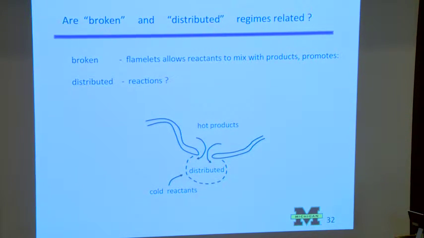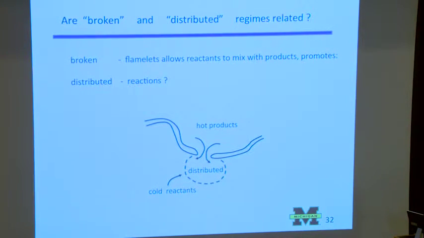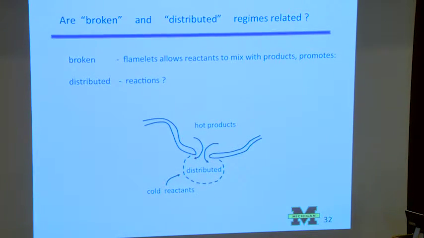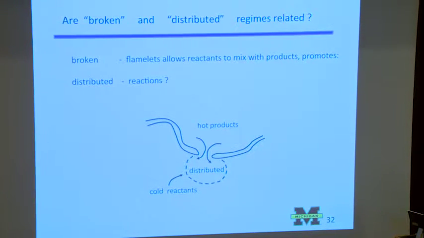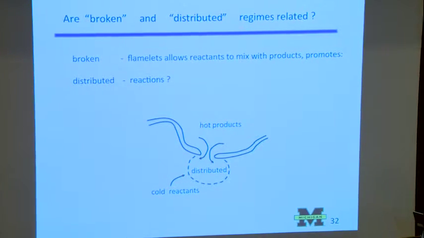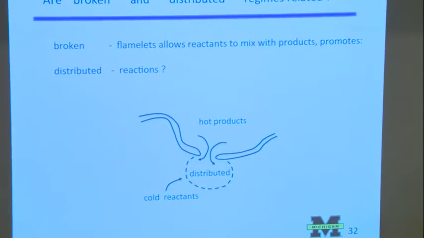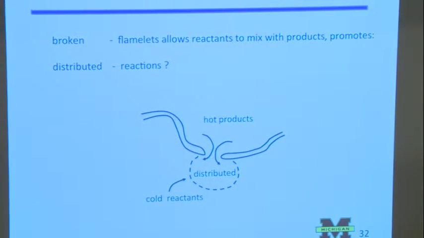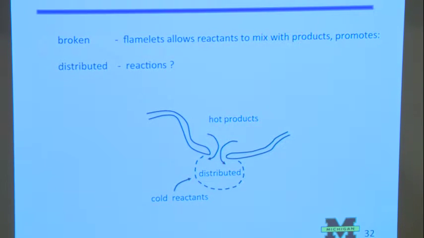But in a turbulent flame like I've described, with hot products on one side and cold reactants on the other, if the flame is continuous, the gases are going to accelerate really fast towards the hot products.